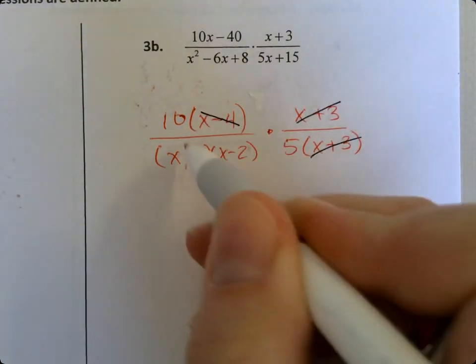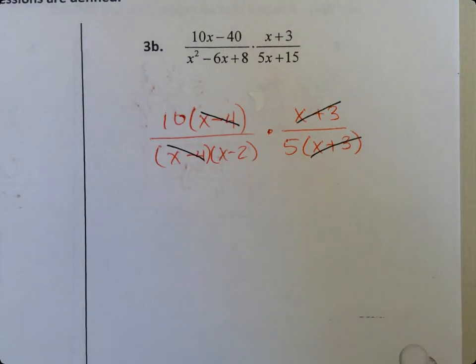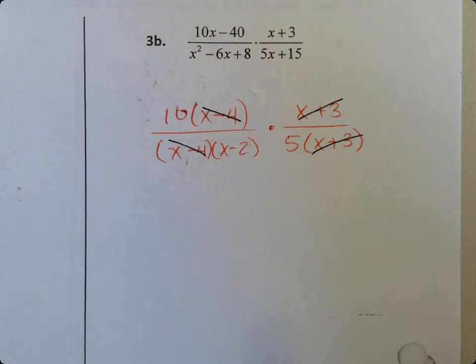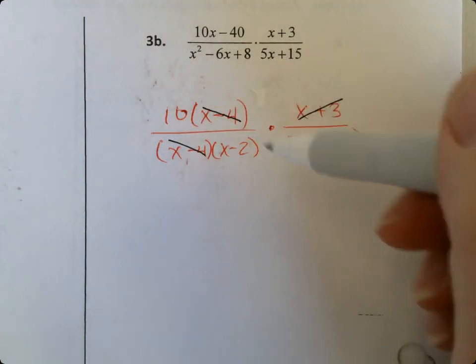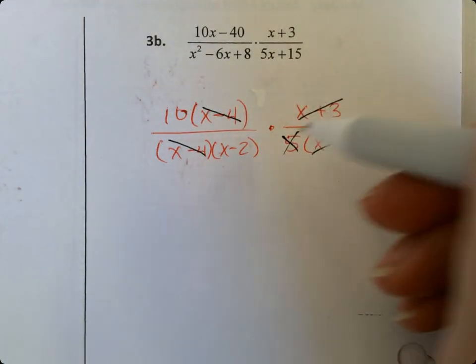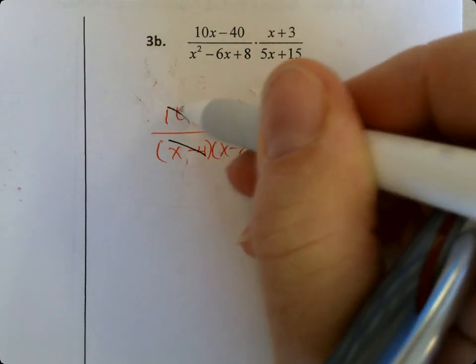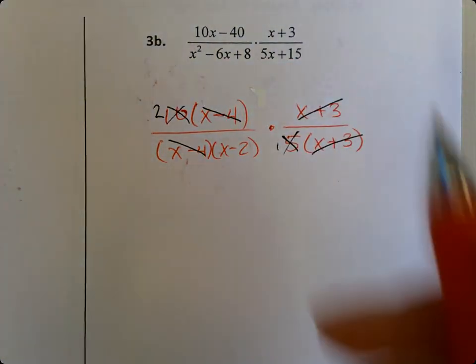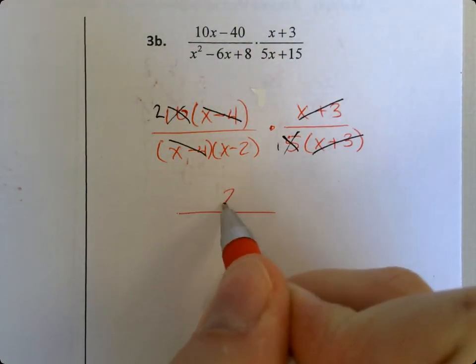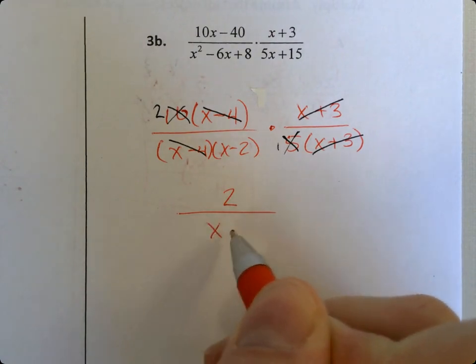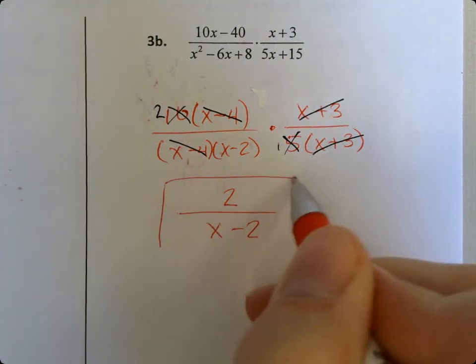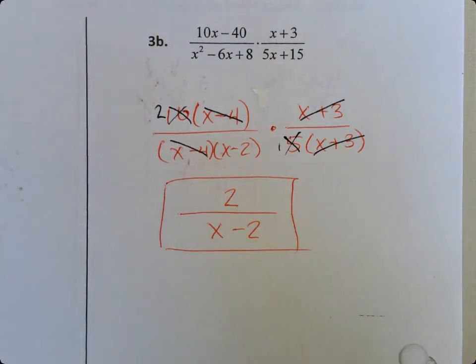I can cancel out the x minus 4. Now there's one more thing that should reduce or cancel. That 10 and the 5. So 5 goes into 5 once, and it goes into here twice. So what's left in the numerator? 2. What's left in the denominator? X minus 2 times 1. You don't need the parentheses around the x minus 2.